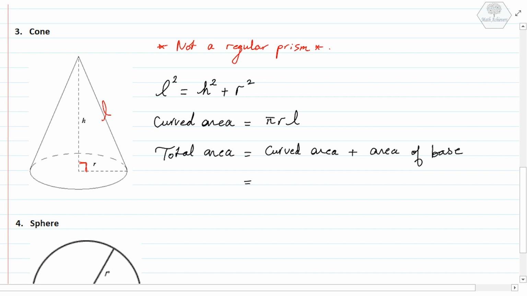This is equal to pi r L plus the area of base, which is pi r squared.